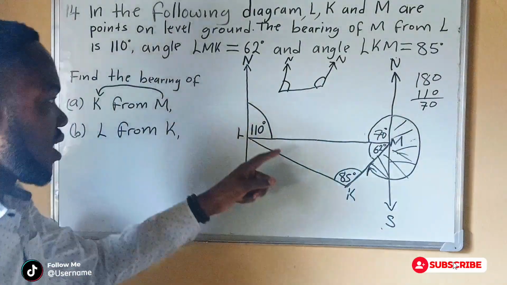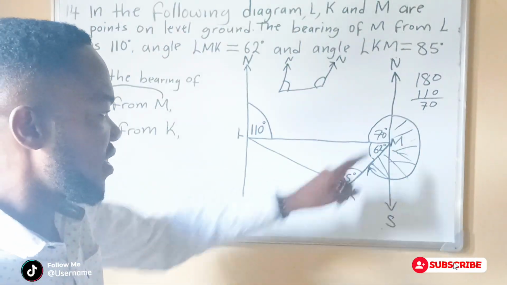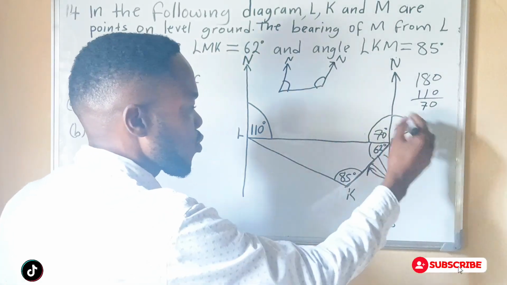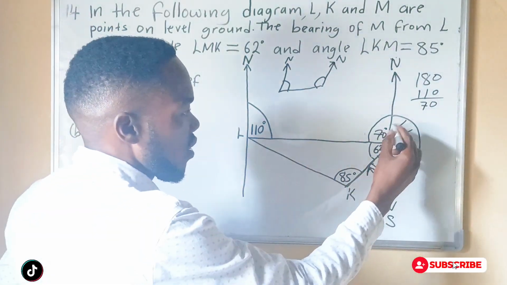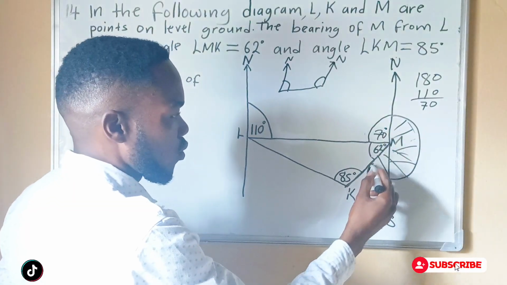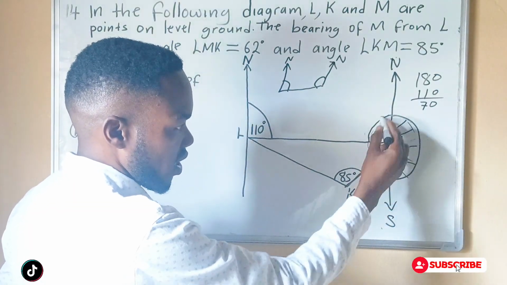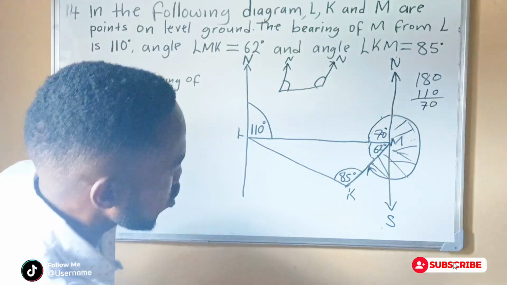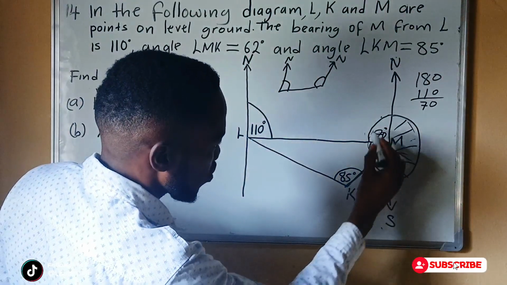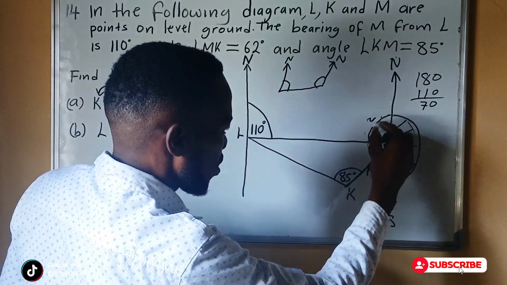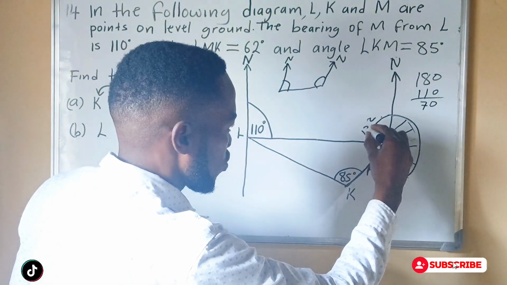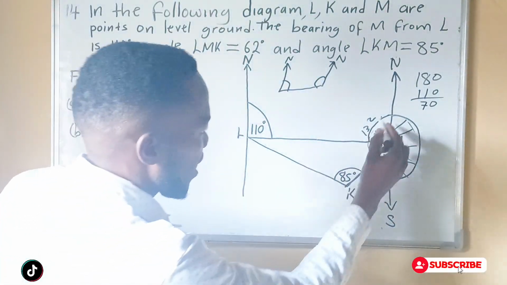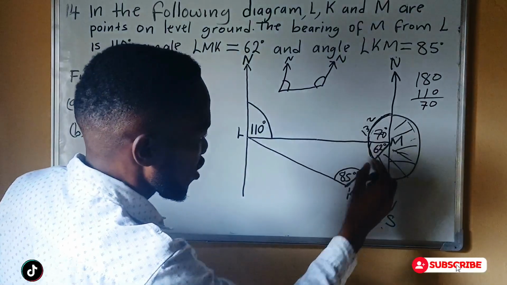So here there's 70. And we know that a full circle adds up to 360. So for us to know this angle, we add the 70 plus this one. It will be 132. So the angle which is here is 132.